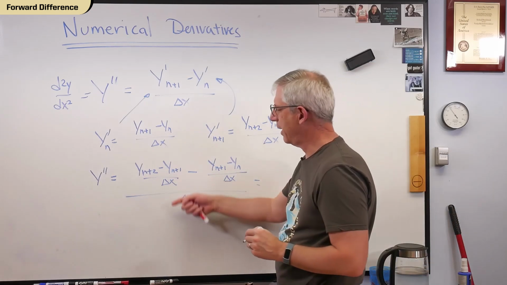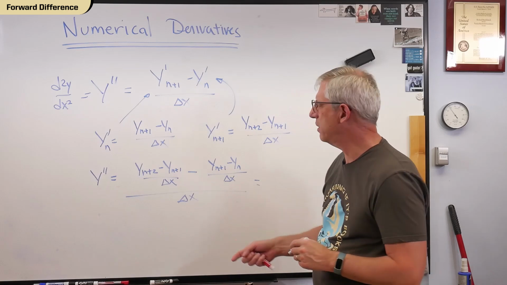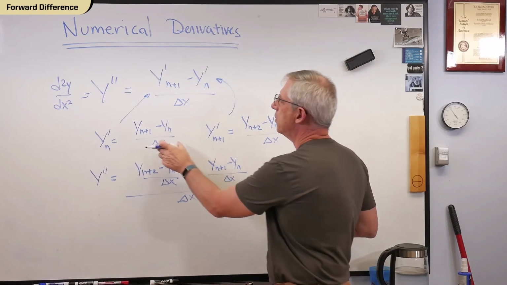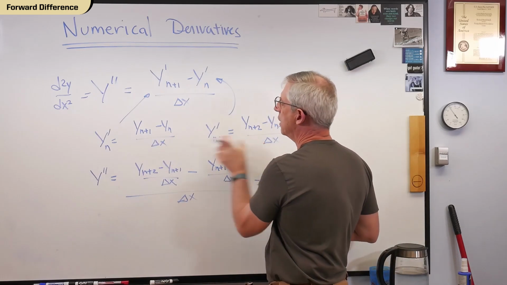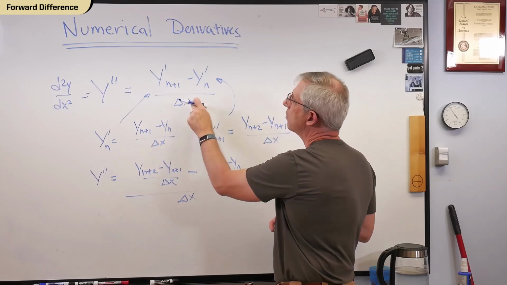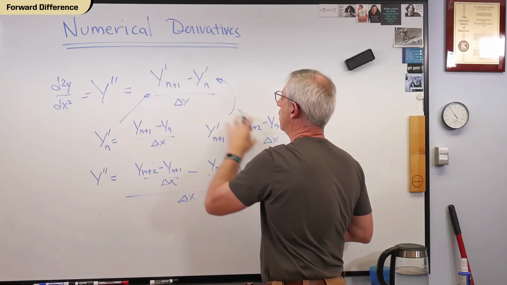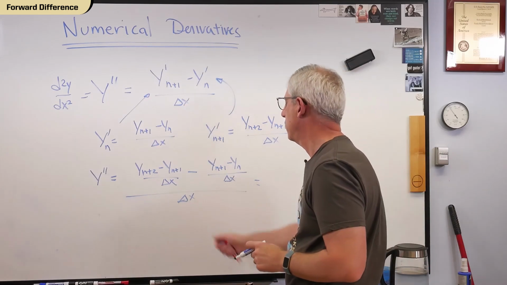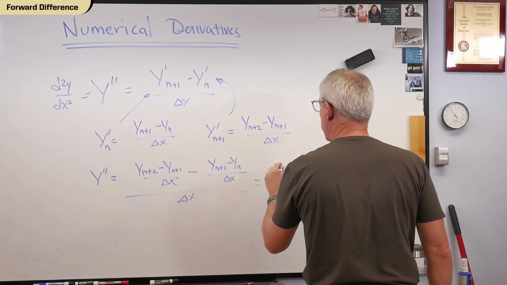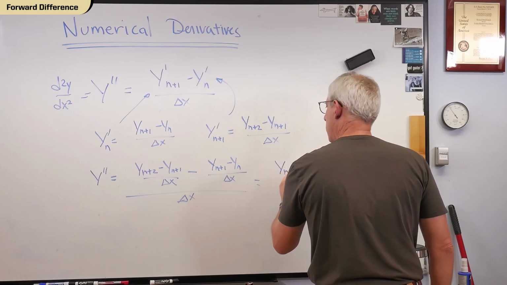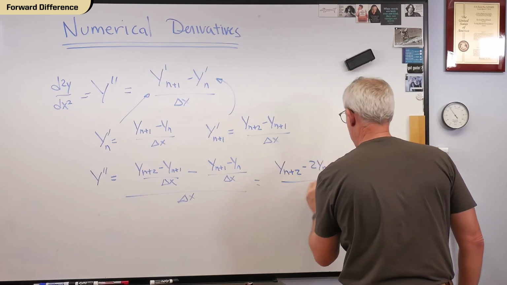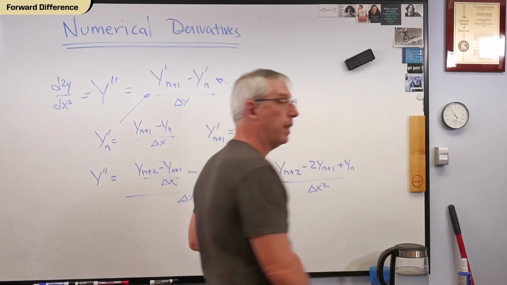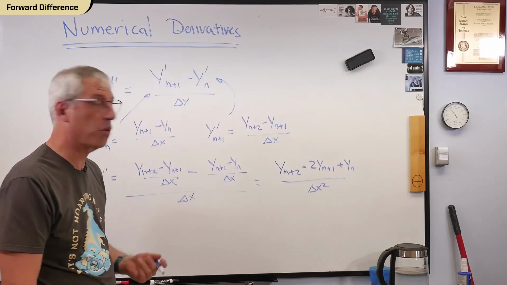Doesn't it look like I have delta x in too many places? I don't. Remember, delta x is the denominator there and there, but those are up here. There's still another one there, that's the other delta x. So I'm not getting my bookkeeping messed up here. If you work this out, there's the second forward difference.